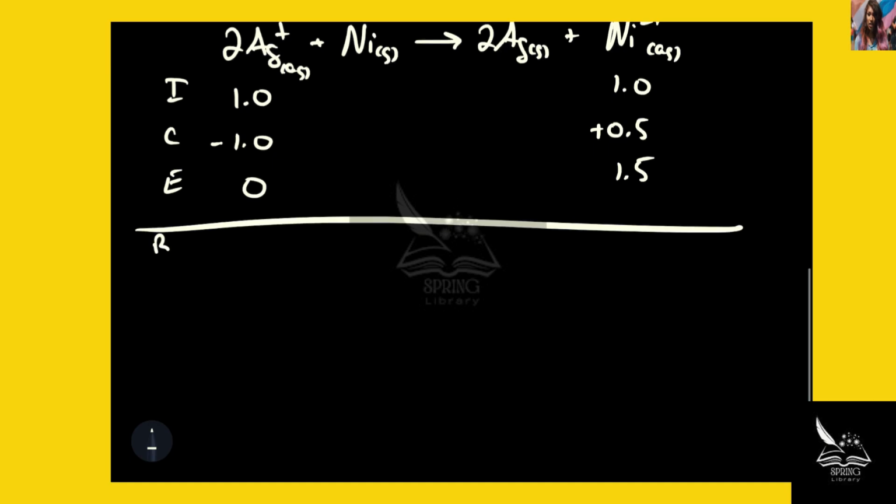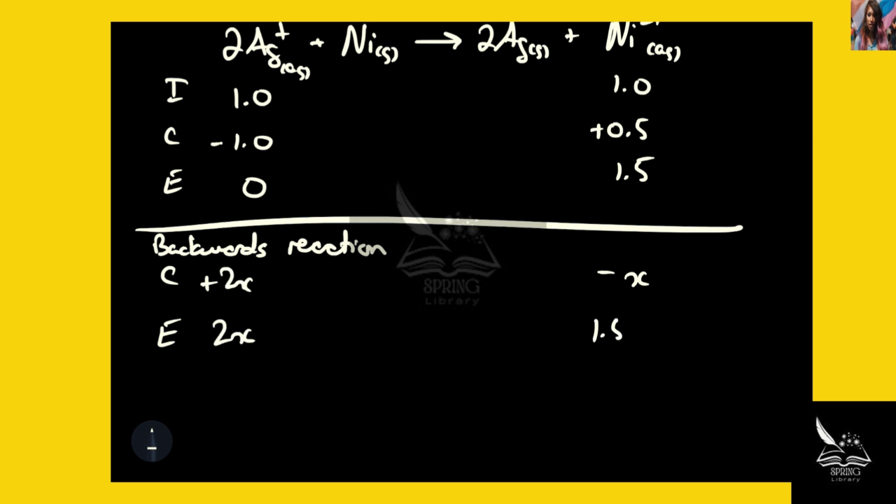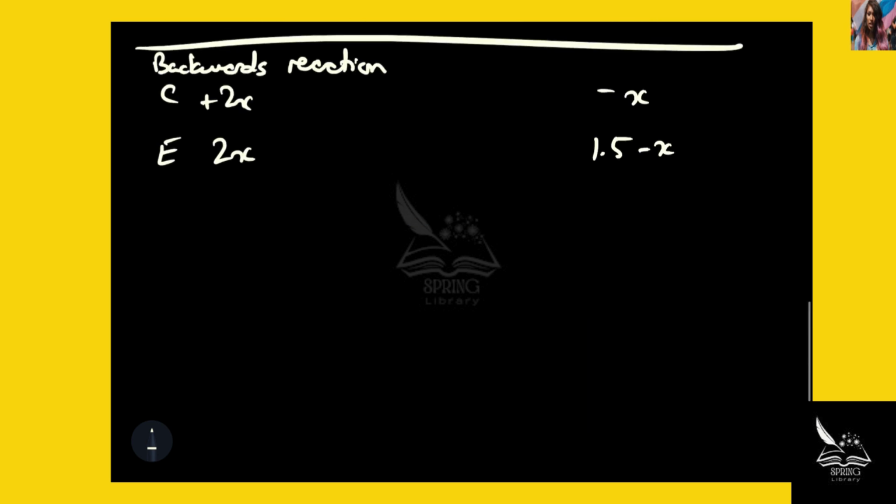And then we have the backwards reaction. Change and equilibrium. This would be minus x, plus 2x. This would be 2x and 1.5 minus x.